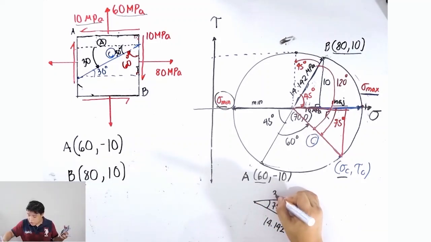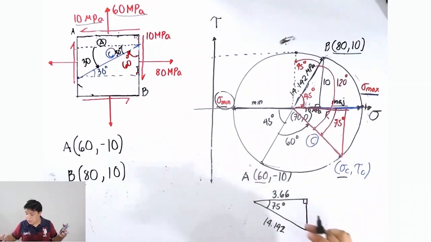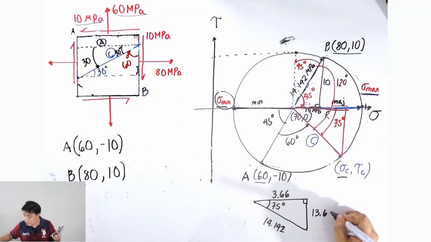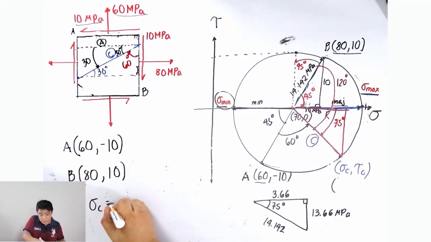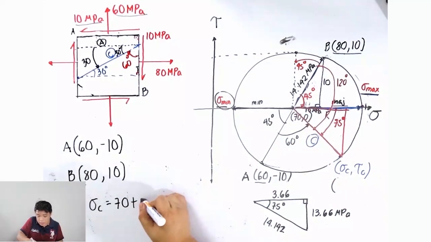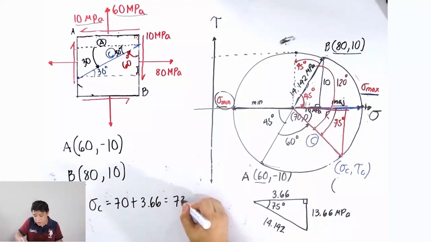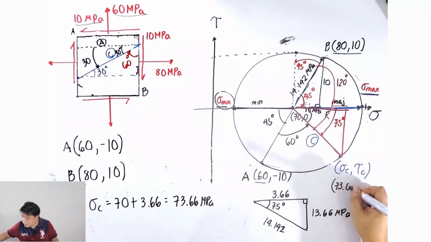This is equal to 3.66. And this one is simply 14.142 sine of 75, which is 13.66 megapascal. So, let us interpret the result. To get the sigma C, that is just 70 plus the length of the leg, which is 3.66. This is 73.66 megapascal.